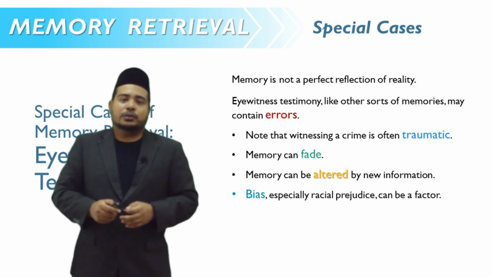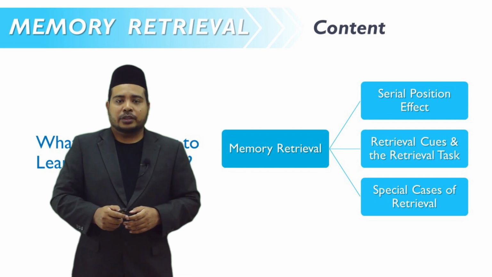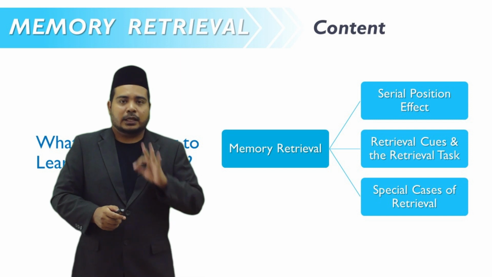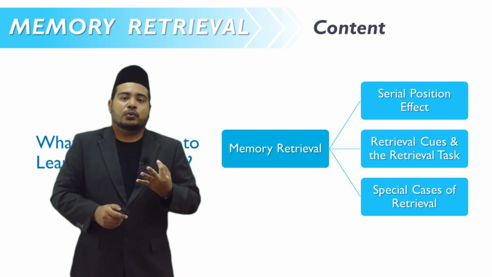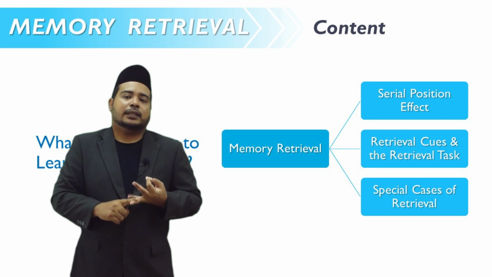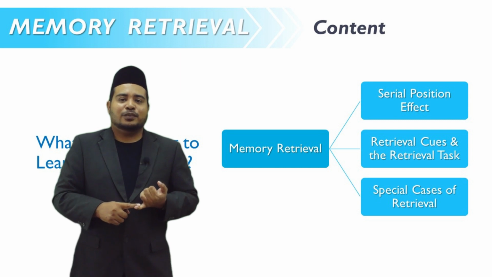Okay, so those are the aspects that we need to know in memory retrieval. So in a nutshell, we've talked about three main things, which are serial position effects, retrieval cues, and retrieval tasks. And just now, we have talked about special cases of retrieval.